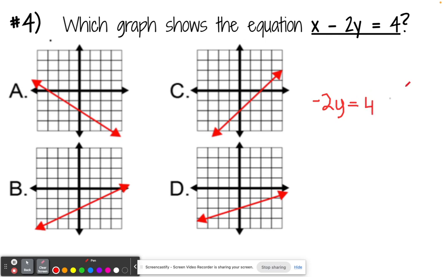This is to find my y-intercept, so it's 0 something. Divide both sides by negative 2. And my y-intercept would be negative 2.